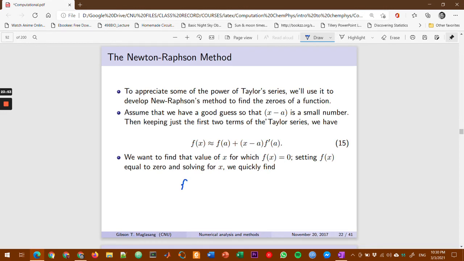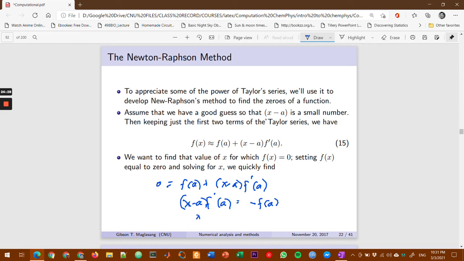So, we have 0 equals f of a plus x minus a, f prime of a. We need to get x, so we rearrange. That's equal to negative f of a. Right? You distribute.